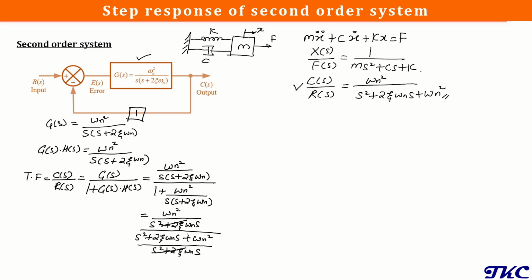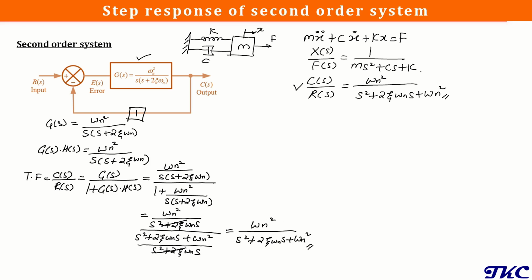Now we have the closed loop transfer function as omega n square upon s square plus 2 zeta omega n s plus omega n square.